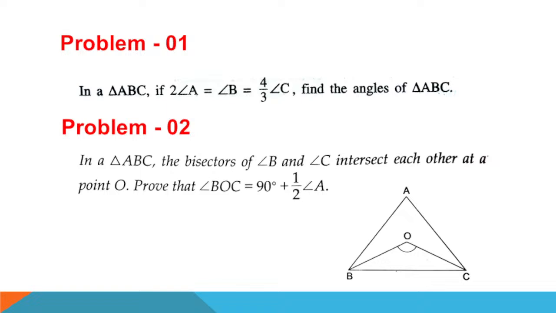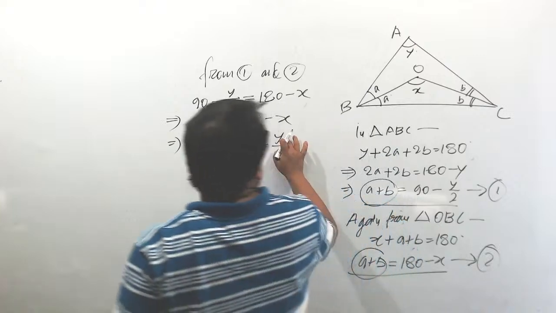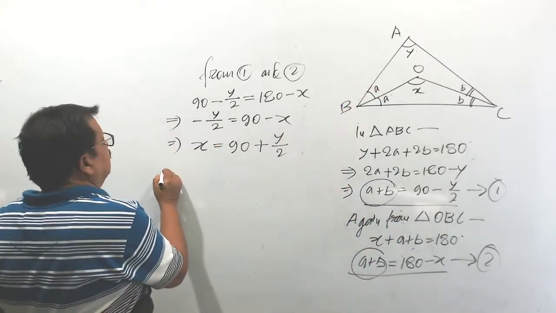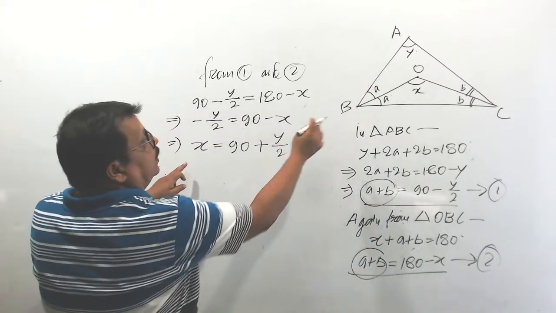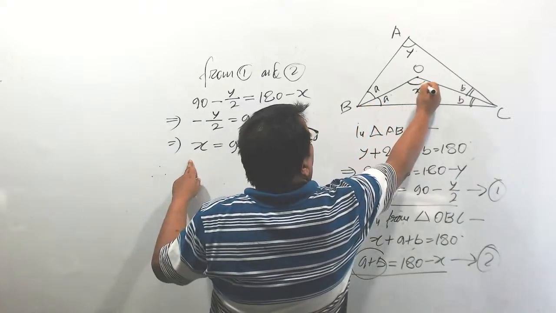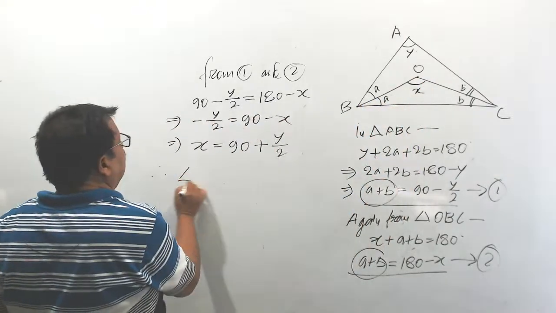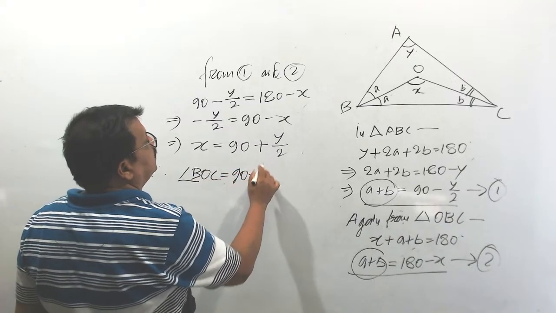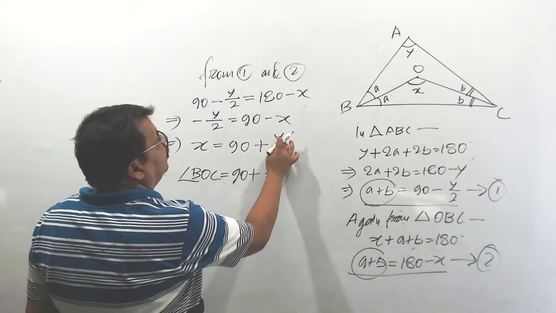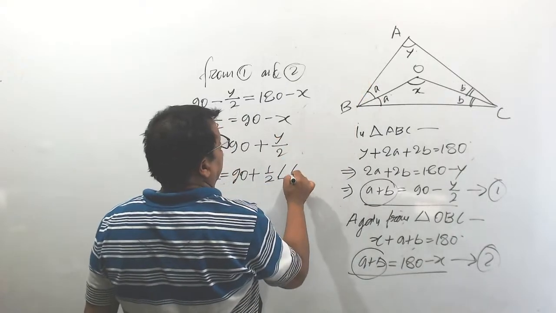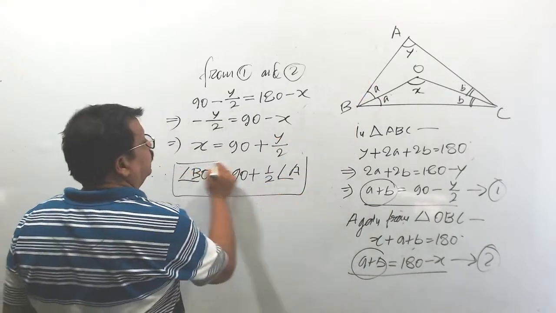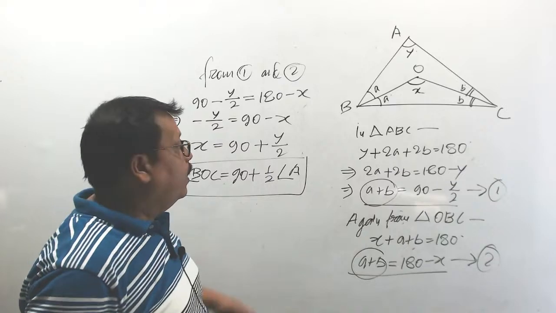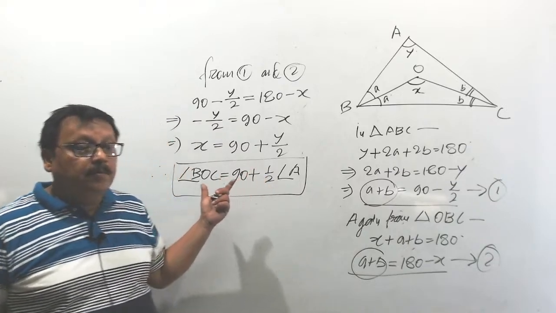Oh yes, correct. See, A means y. Therefore, x means angle BOC. Angle BOC is equal to 90 plus half of y, which means angle A. Proved. Understood?